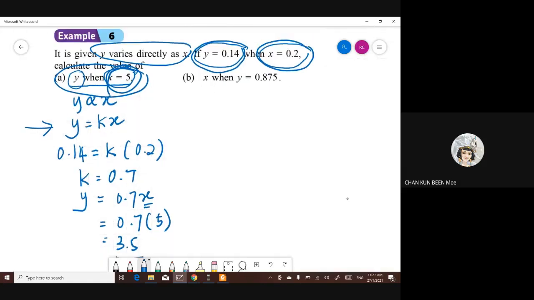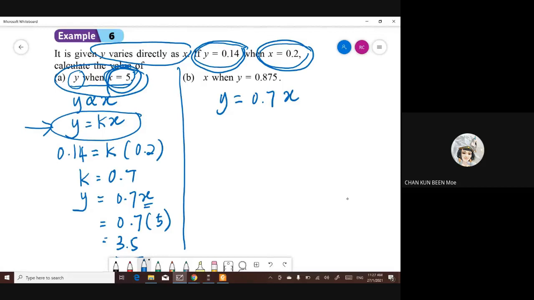Okay. Now we continue with part B. Find out the value of x when y equal to 0.875. So you already have the equation. Y equal to kx, whereby your k is 0.7, so y equals 0.7x. So you're going to substitute the y here. 0.875 equals 0.7x.